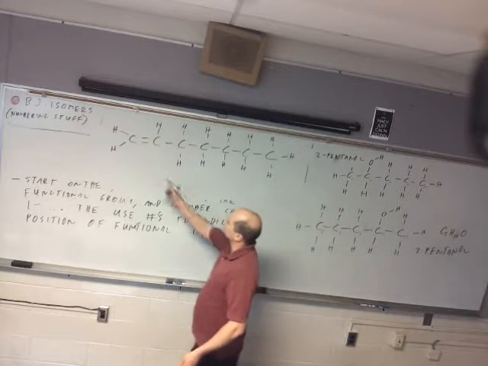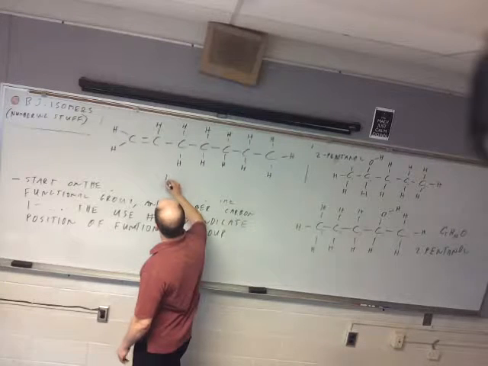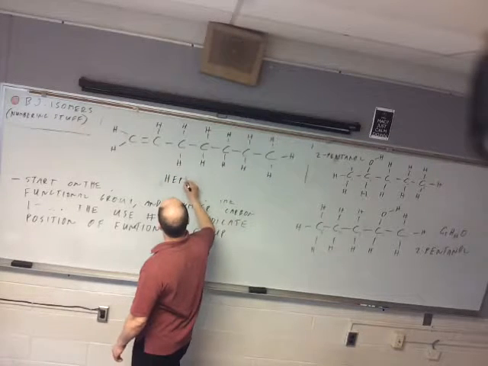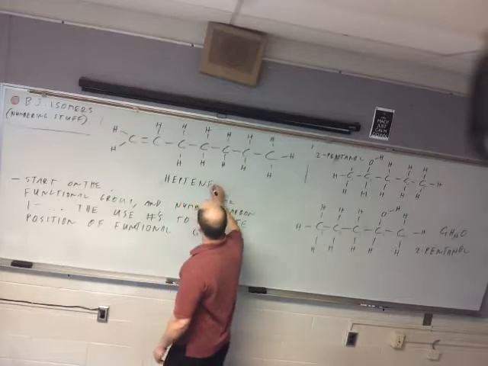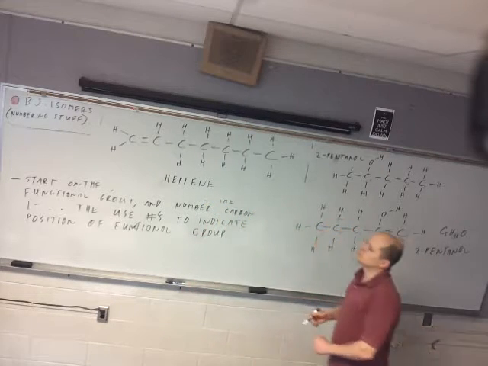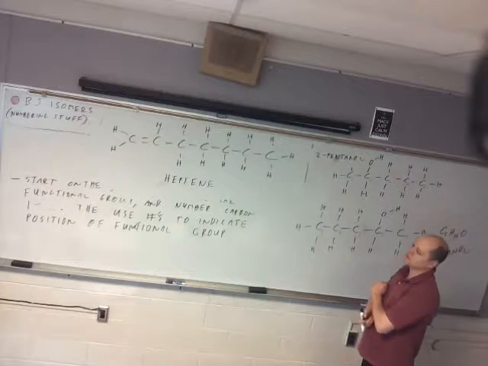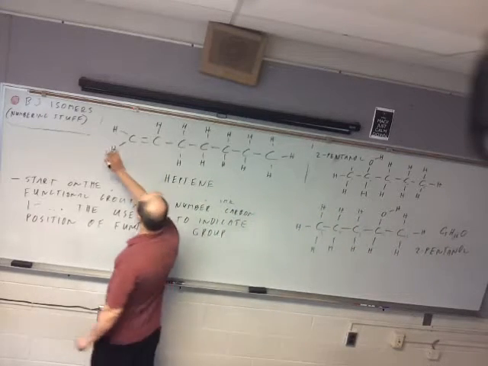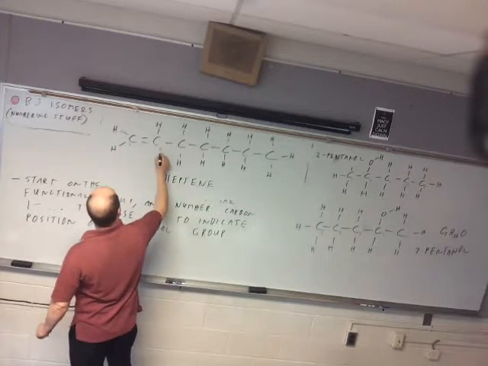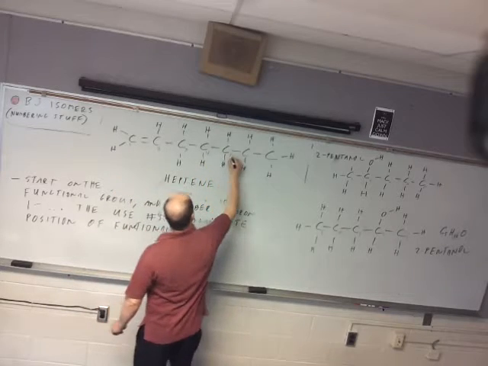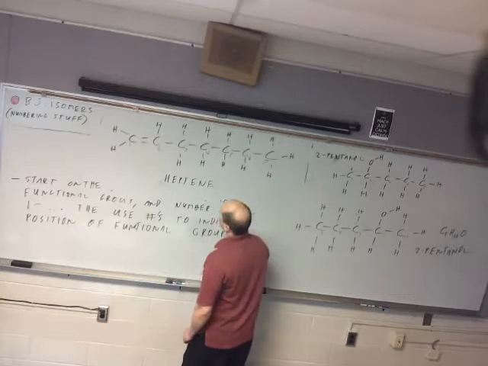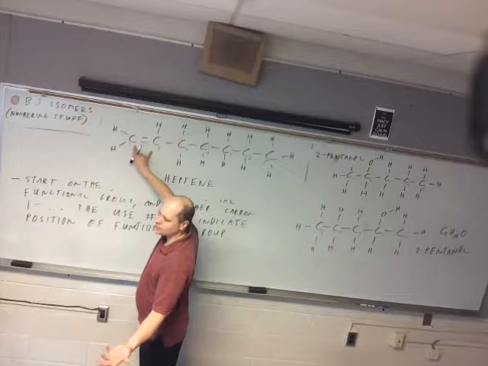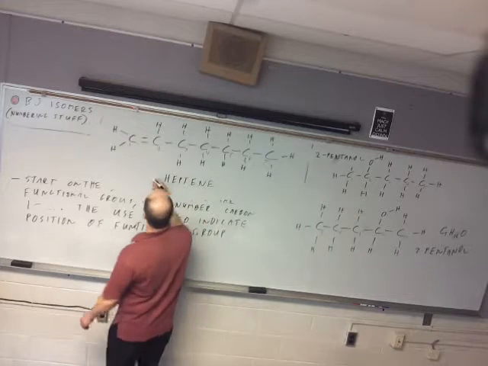It's an alkene, so it's got a double bond, so it's going to be heptene. So we got to put a number now to indicate where the double bond is. What's the number going to be? Well, we start on this side, right? Because the double bond's on this side. 1, 2, 3, 4, 5, 6, 7. We take the lower of the 2 because it connects to 1 and 2, so we're going to go with the 1 carbon. So it's 1-heptene.